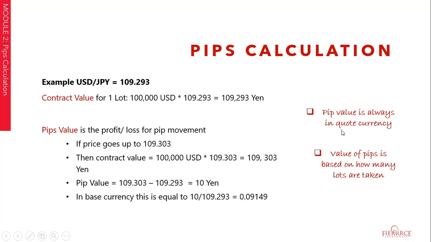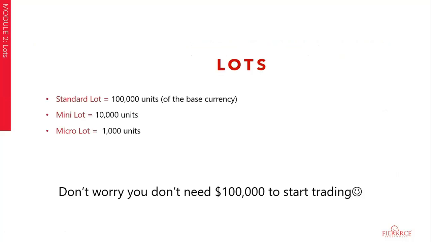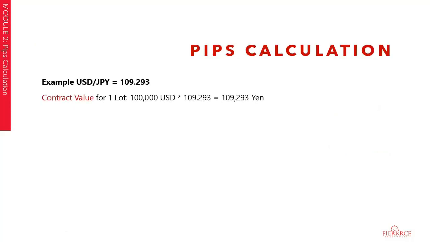That's why you get different pricing. The pip value is always in the quote currency, which is the yen in this case. The value of the pips is based on how many lots are taken. So this is a standard lot. If this was a mini lot, remember a mini lot is 10K and a micro lot is 1,000, so the calculation would be different.